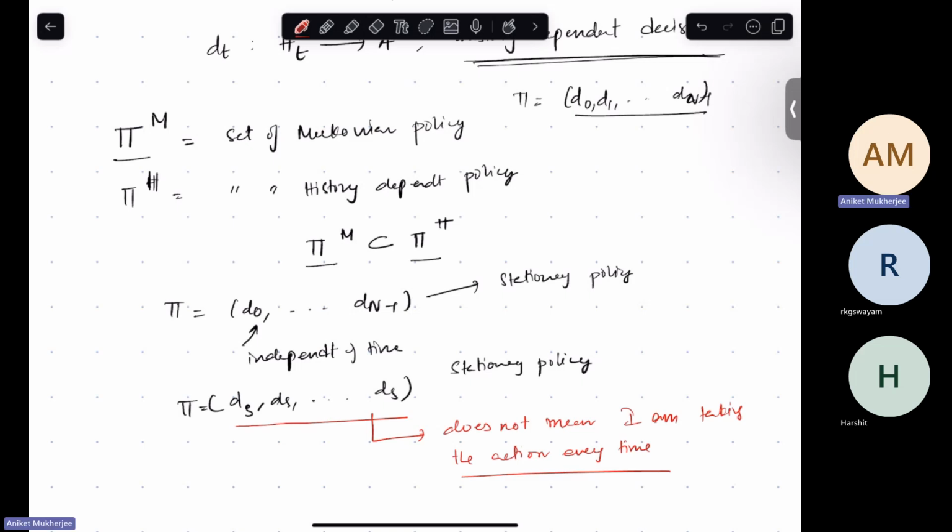It just means that my decision rule is the same at each time instant. My decision rule being the same does not imply that I take the same action every time, because I have some randomness in the system, and because of the randomness, I can change my state at each time. Once I change my state, I change the action, but the decision rule remains the same. I hope that is clear.